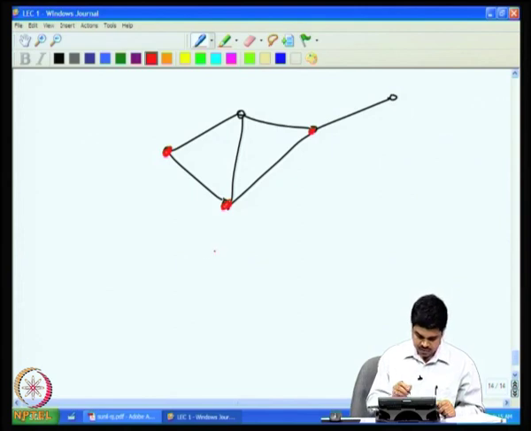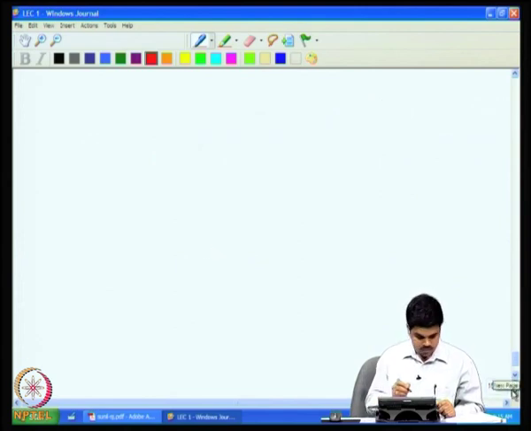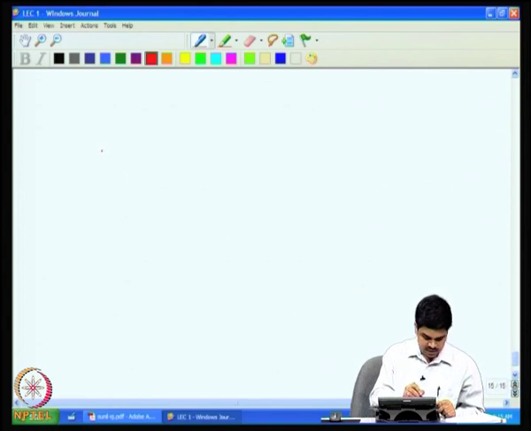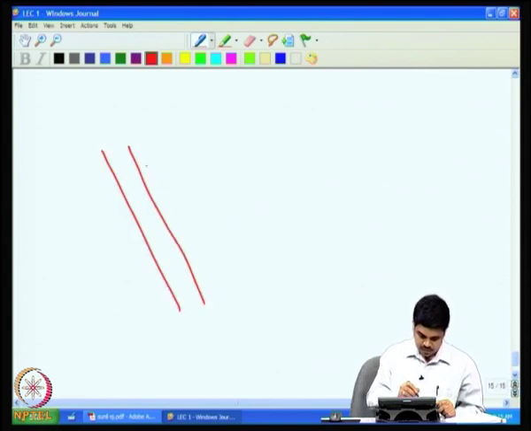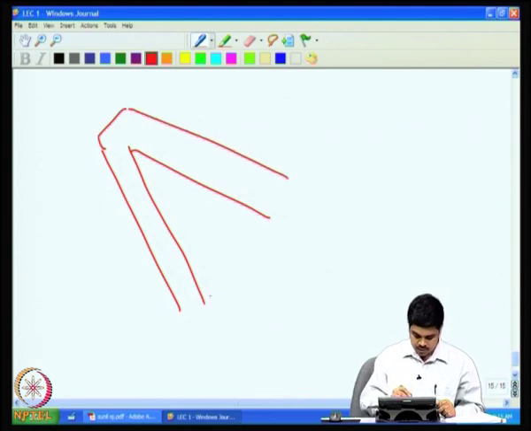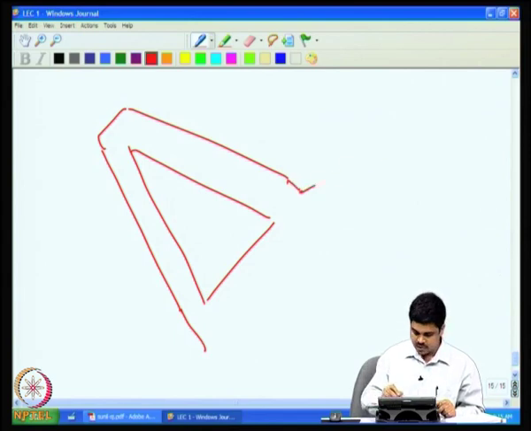Say the museum is something like this. These are the corridors where the museum articles are displayed, like a museum or art gallery.